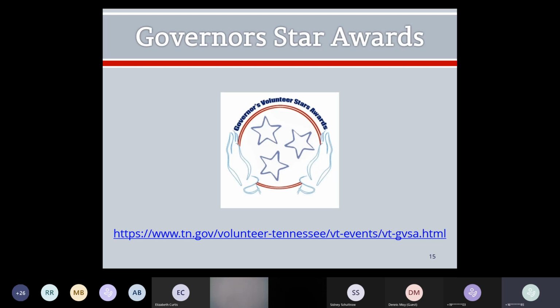Volunteer coordinators from all over the state nominate outstanding volunteers in their counties to receive this award. One volunteer from all 95 counties is selected. I encourage you all to nominate at least one of your volunteers, if not more, for an award. Even if you're only focused in one county, you can do multiple nominations. If you have a region and you have volunteers in multiple counties, wonderful.